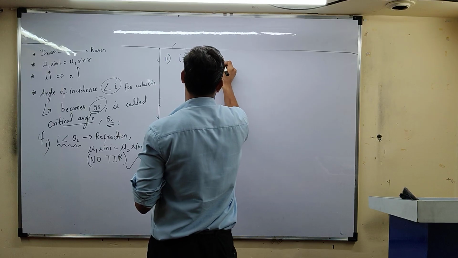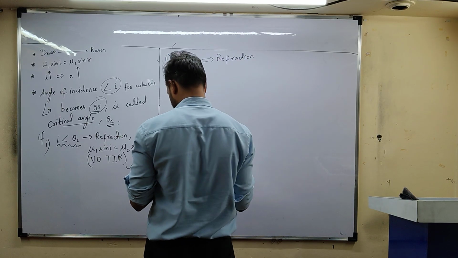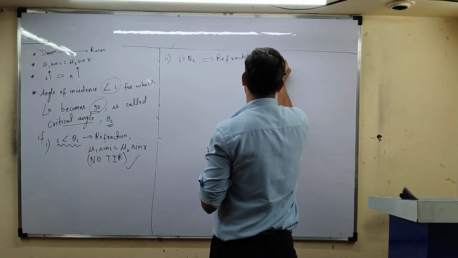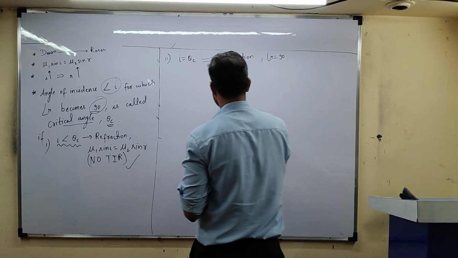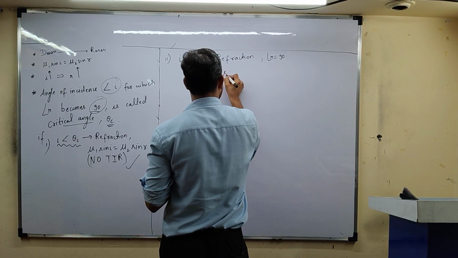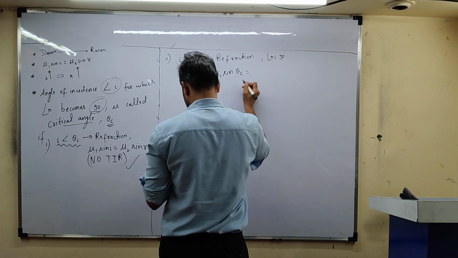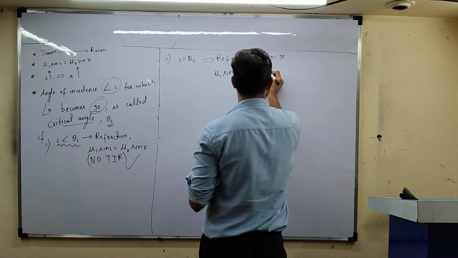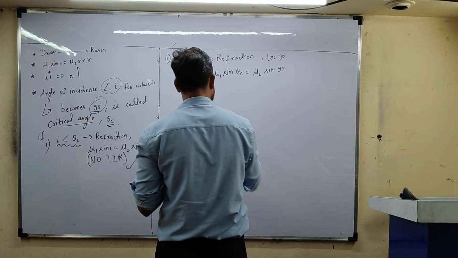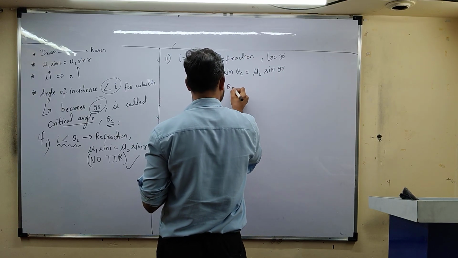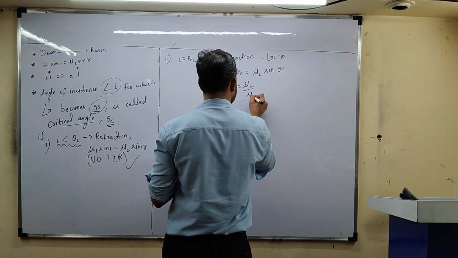Then refraction happens, and here the angle R becomes 90. That means mu1 sine theta c equals mu2 sine R, that means sine 90. So sine theta c equals mu2 by mu1.